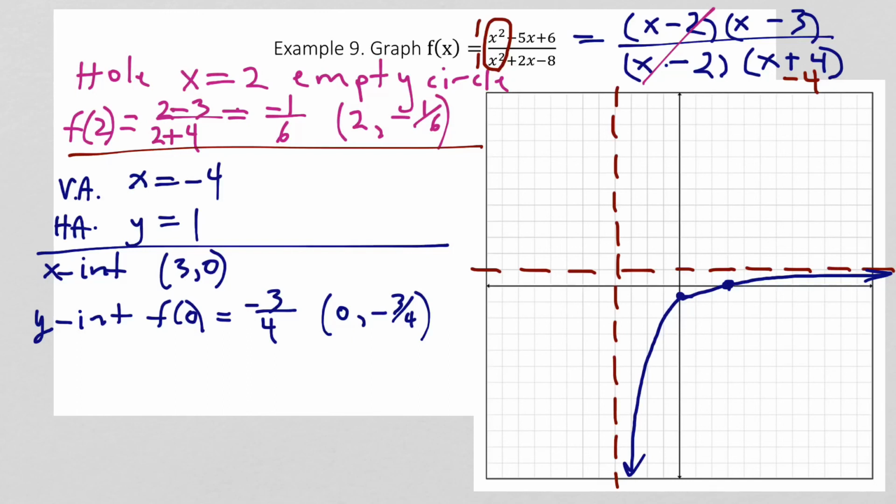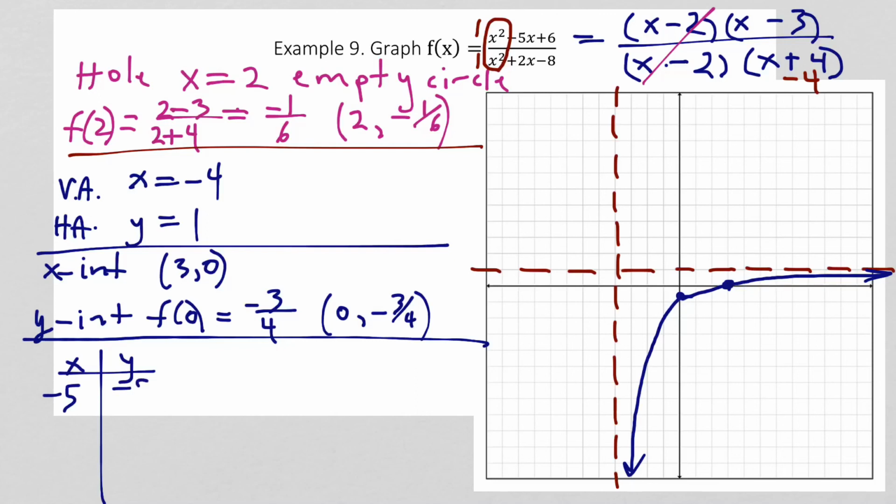All right, so let's make a T-chart, get a couple dots to the left of the vertical asymptote. So let's try the point negative 5 for x. Substituting it in there, I'm going to get negative 5 minus 3, over negative 5 plus 4, that's negative 1. So that's 8.